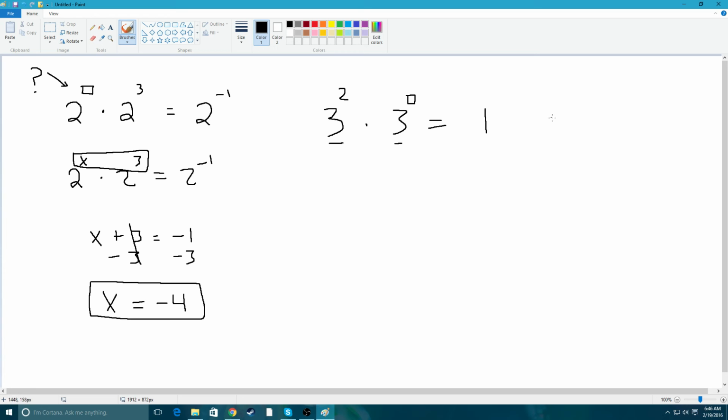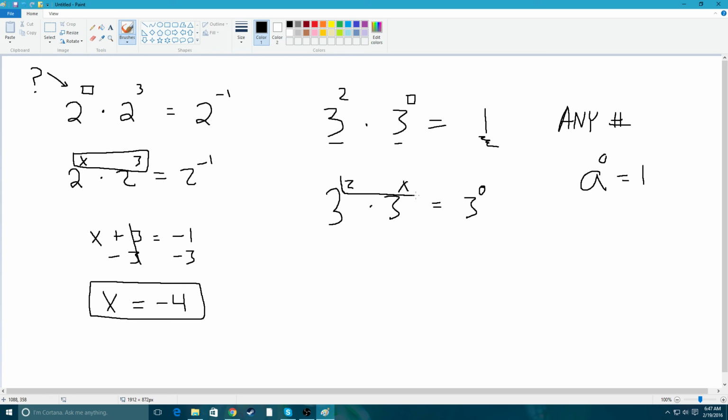So there's a certain property we have to remember, and that is that this works for any number at all: any number to the 0 power is always equal to 1. Any number to the 0 power equals 1. So we can change this 1 right here to have the same base as 3. So this would be 3 to the second times 3 to the x equals 3 to the 0 power.